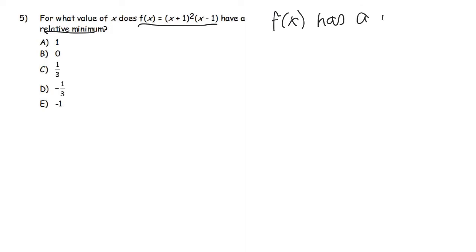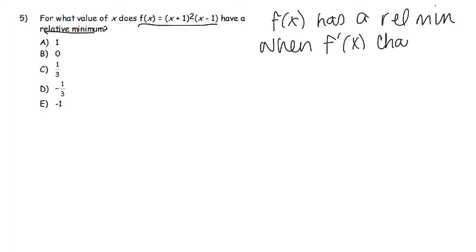F has a relative min when f of x goes from decreasing to increasing, which for my derivative means f prime of x changes from negative to positive, since we're doing minimum.